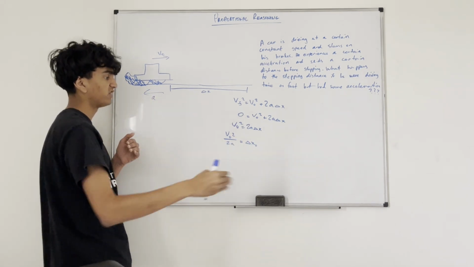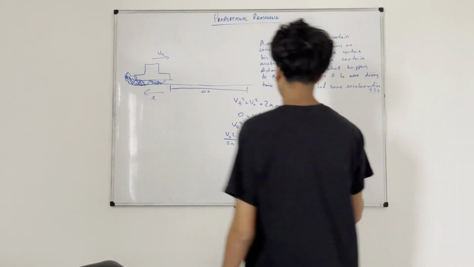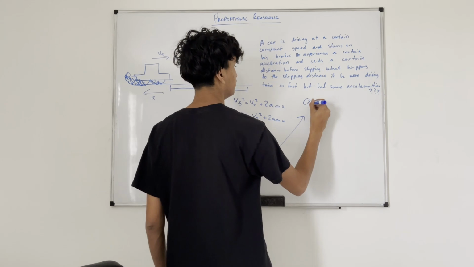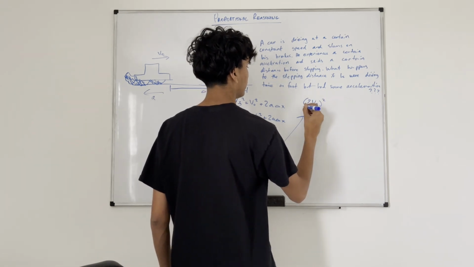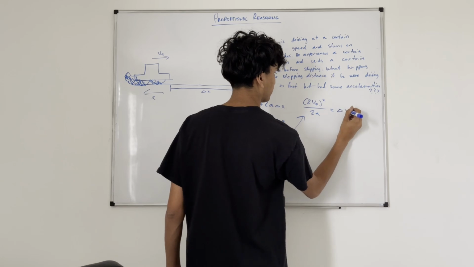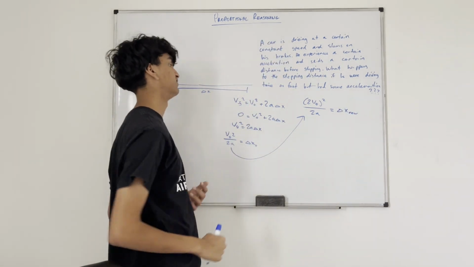But then when he goes twice as fast, I can use that same equation. Now I get 2 v naught squared over 2 acceleration is going to equal the change in x, and I'm going to call this the change in x new, the new skidding distance.